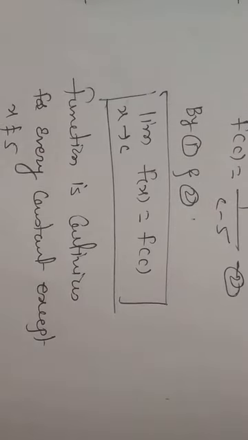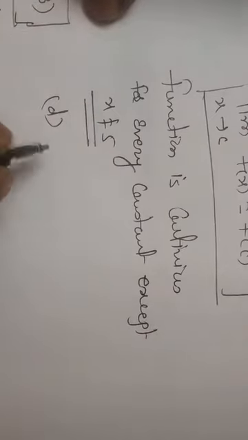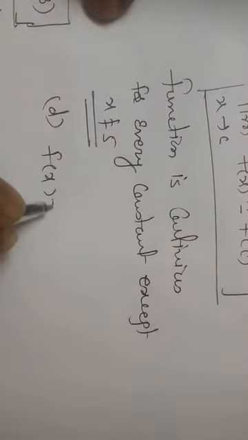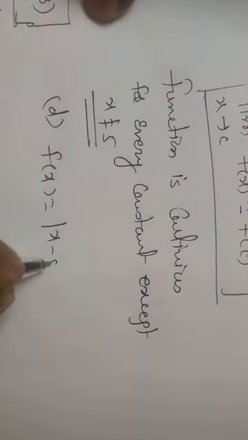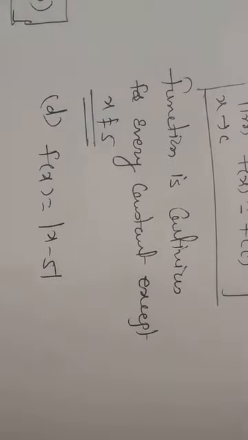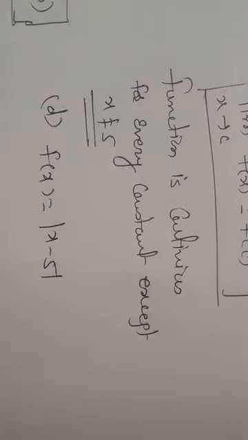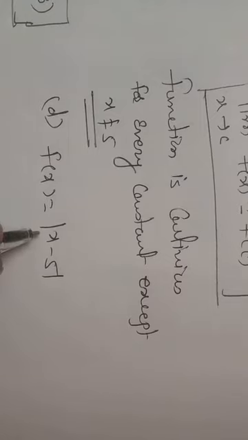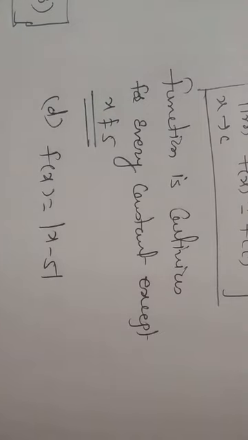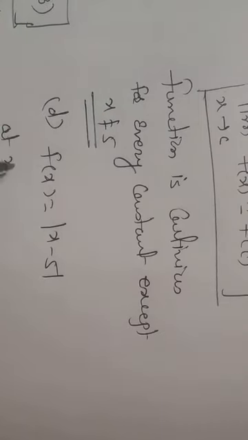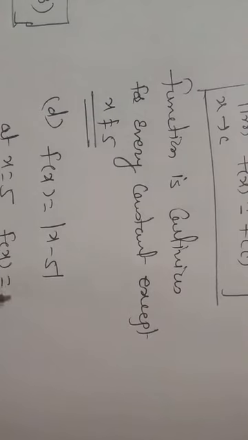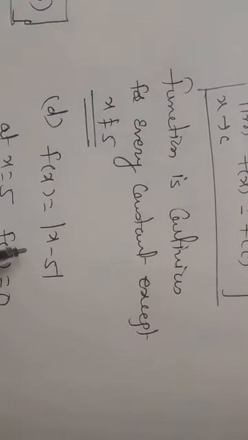for every point except x equals 5. Then d equals what? The example d, f of x equals modulus of x minus 5. Now here there are three conditions: x greater than 5, x less than 5 and x equals 5. At x equals 5, f of x becomes 0 because 5 minus 5 is 0.